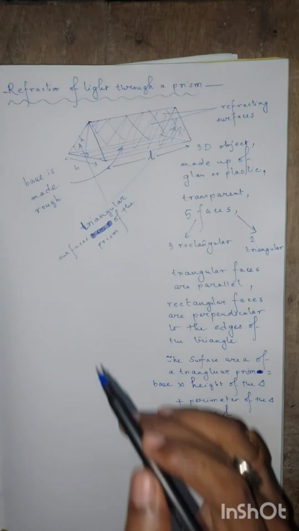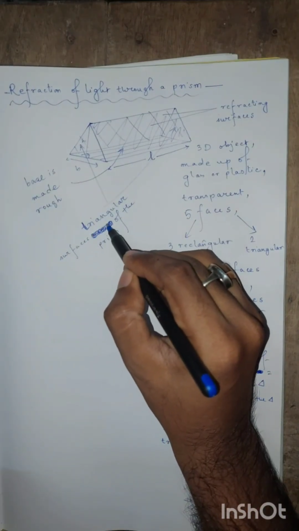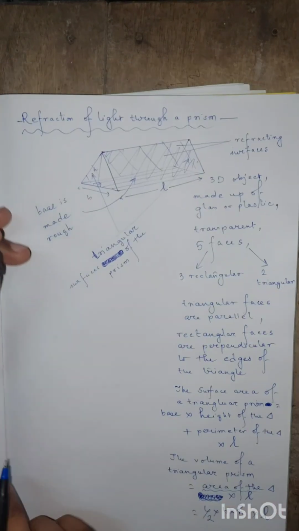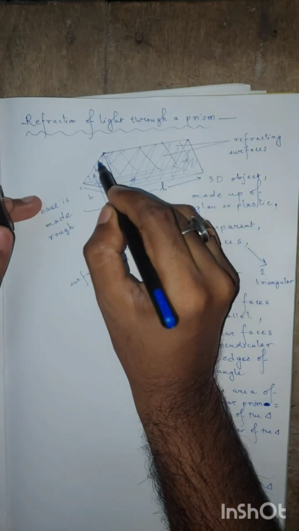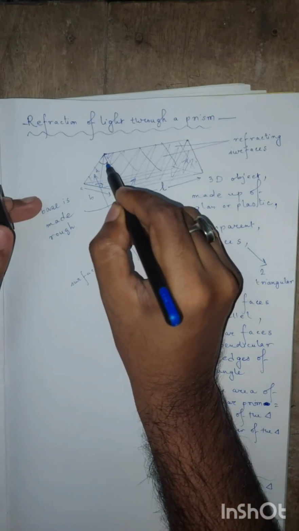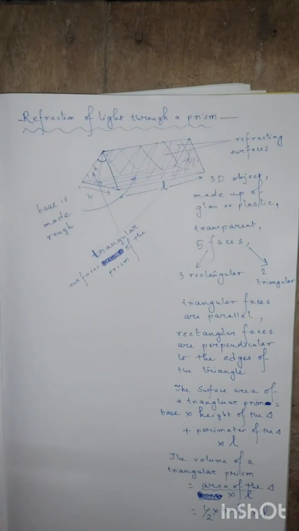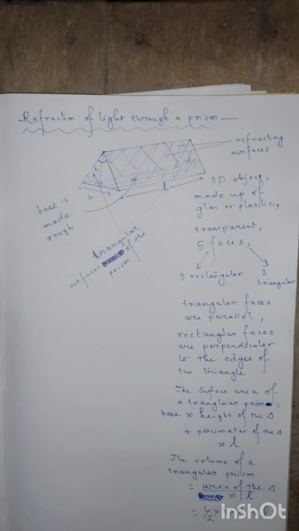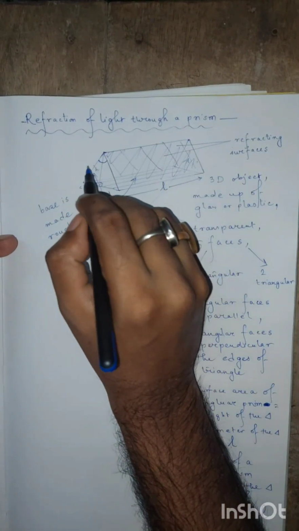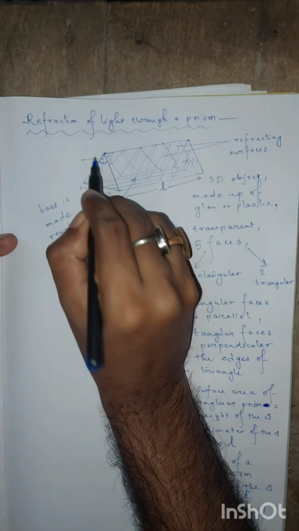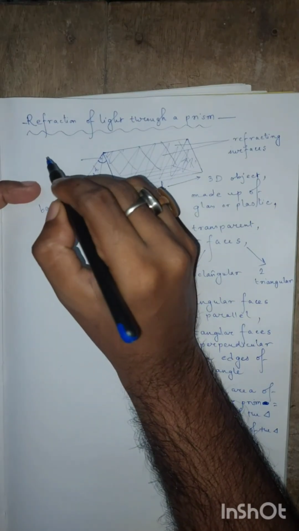This angle, that means the angle between two lateral surfaces or slant surfaces, is called the angle of the prism. So this is the angle of prism.